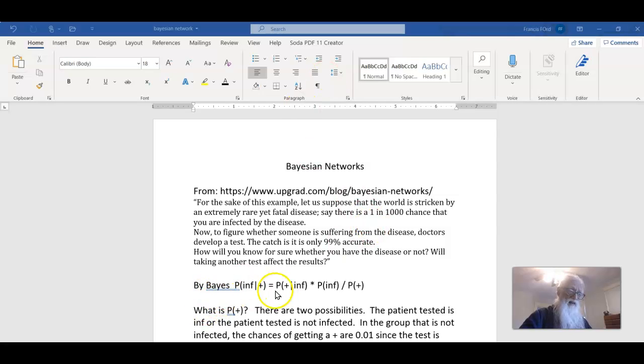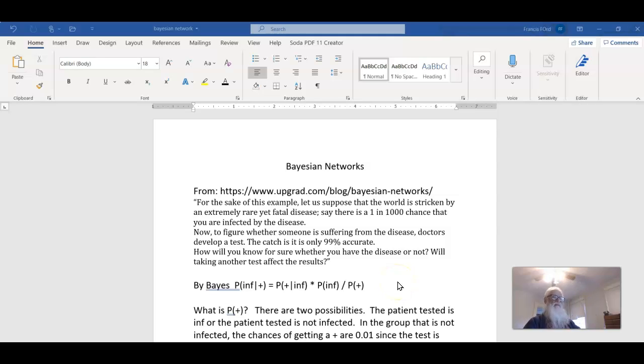That's here. According to Bayes, that means is the probability that you get a positive test if you're infected times the probability you're infected divided by the probability that you get a positive test, positive results.